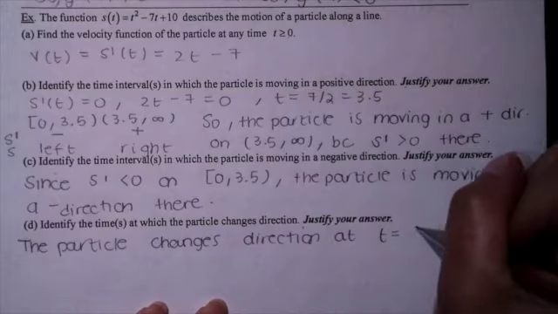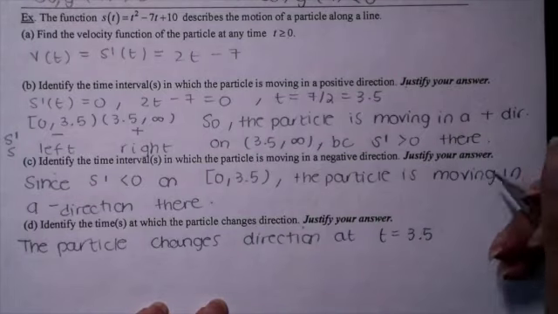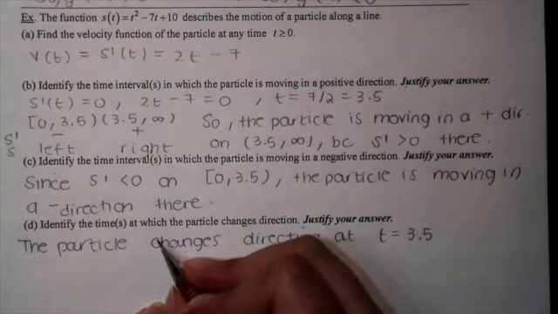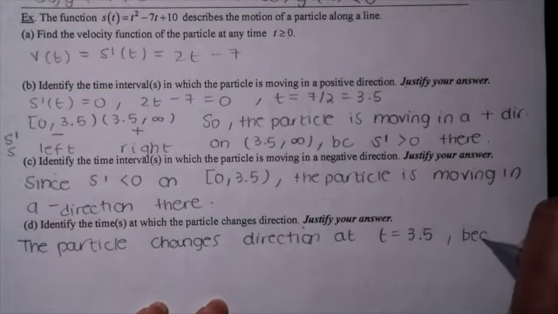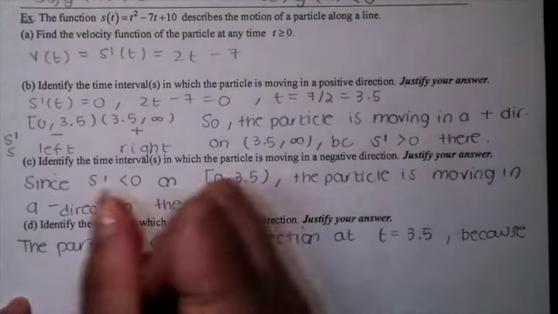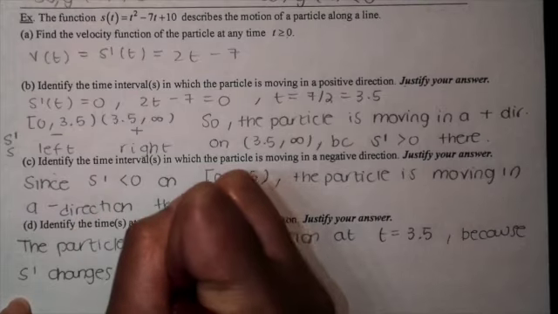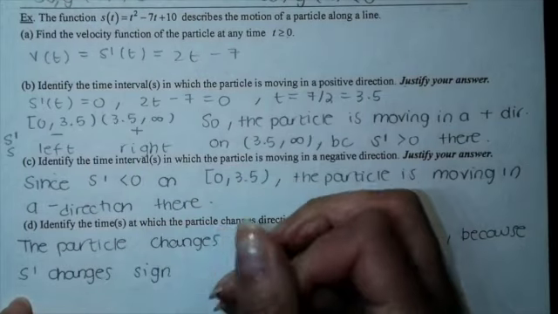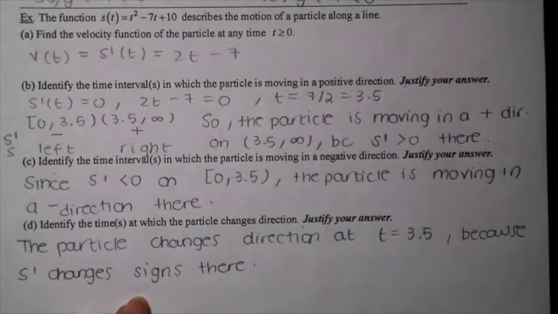Well, we don't know the units of time. 3.5 units of time. The particle changes direction there because s prime changes signs there. So that's what you have.